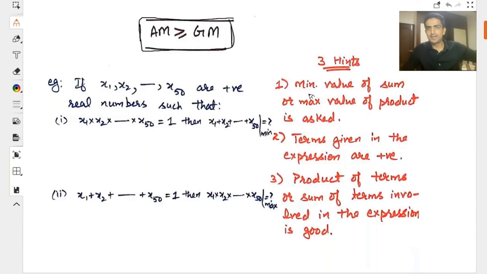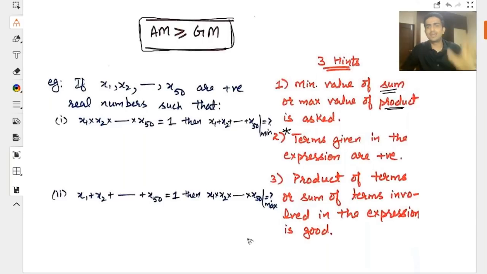Number 1, in the question, the minimum value of a sum or the maximum value of a product of something is asked. Normally, if the minimum value of a sum or maximum value of a product is asked, it's the first hint that AM/GM is going to be used. Second and most important hint, the terms given in the expression. By that I mean, say the question is to find the minimum value of this sum, and the terms involved in that expression are positive.